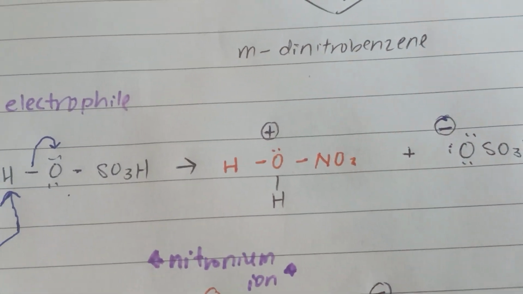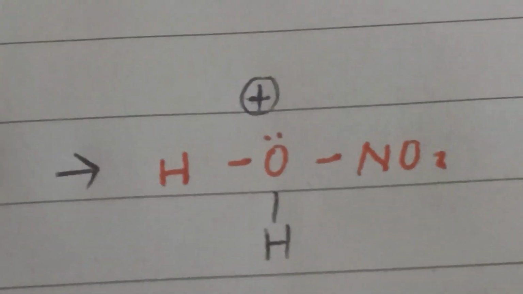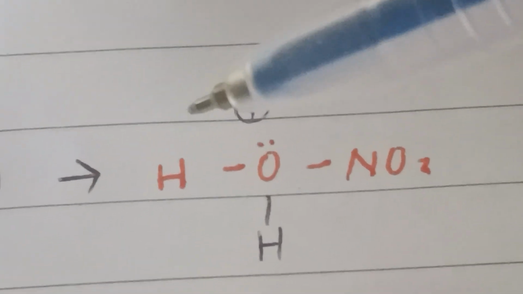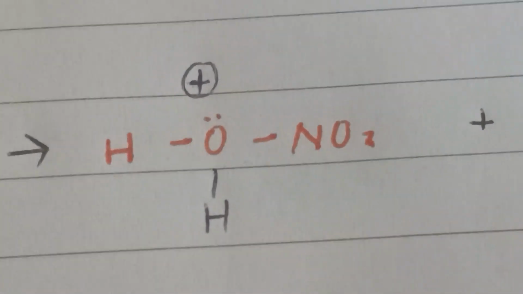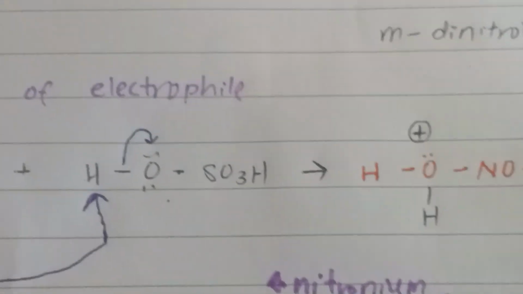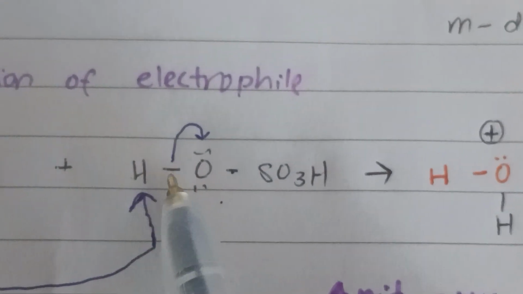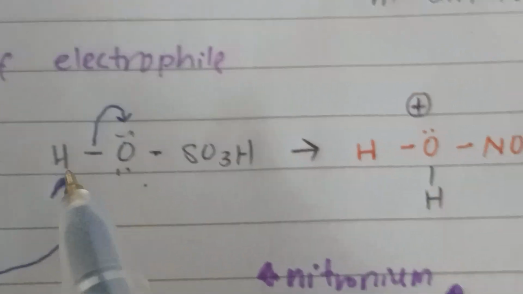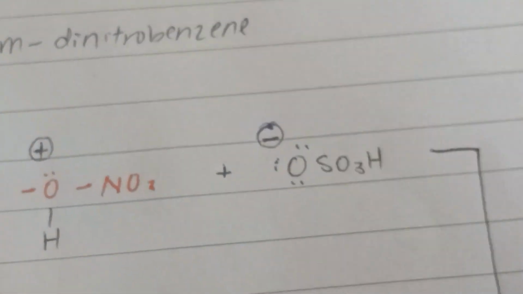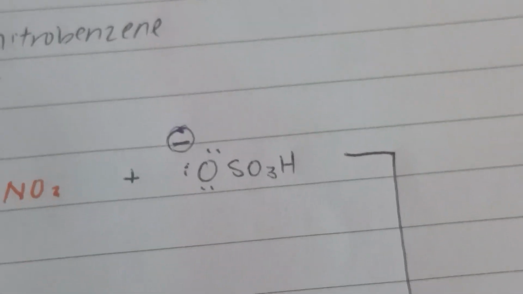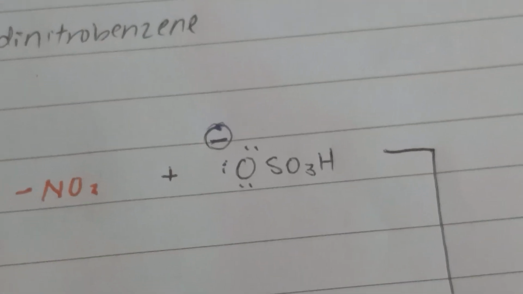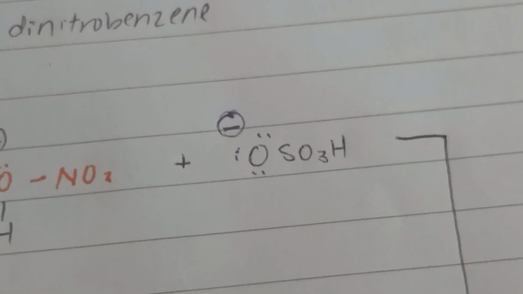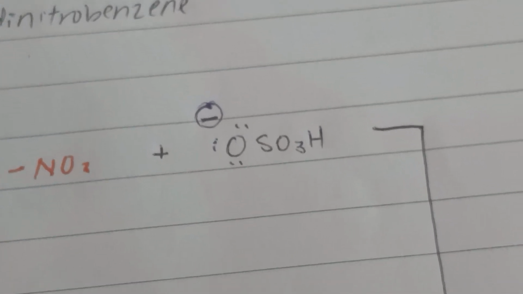And since the oxygen here has lost its lone pair, it will be more positive. And then for the H2SO4, the H here will be replaced by a double bond. And since the oxygen atom has a lot of lone pairs now, it will be more negative.